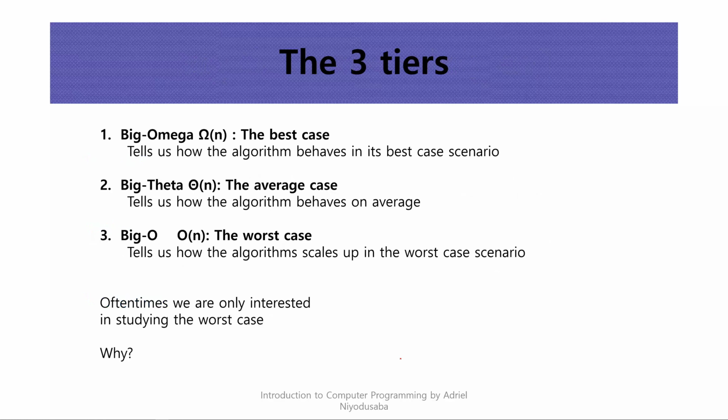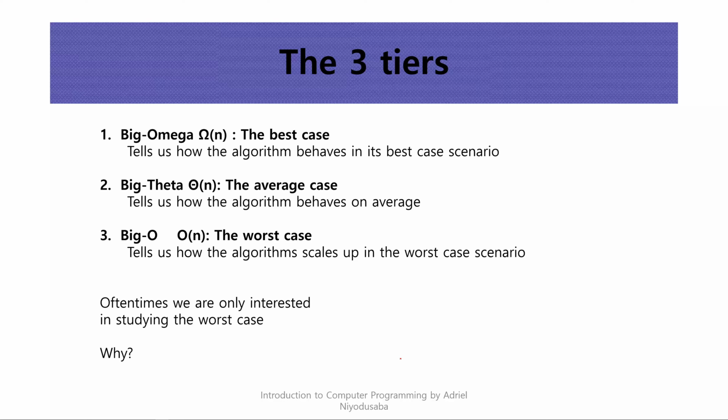So without further hesitation, we have what are called three tiers. Think of this as the three possible case scenarios we can have. The first one is the best case, and it's called big omega.